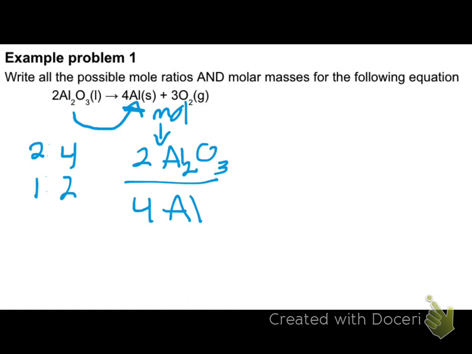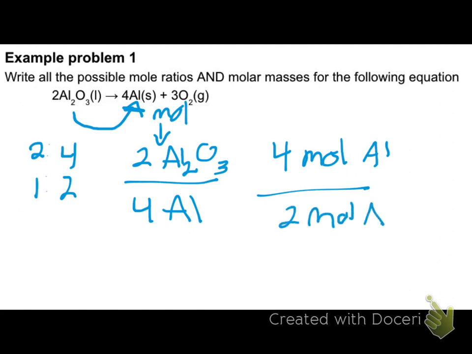You could flip it the other way around and write 4 moles of aluminum for every 2 moles of aluminum oxide. And again, you could simplify this down to 2 to 1 or 1 to 2 if you want to make the math easier on the problem, because it does reduce.